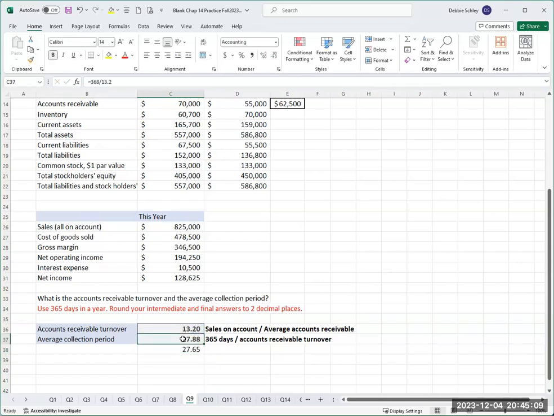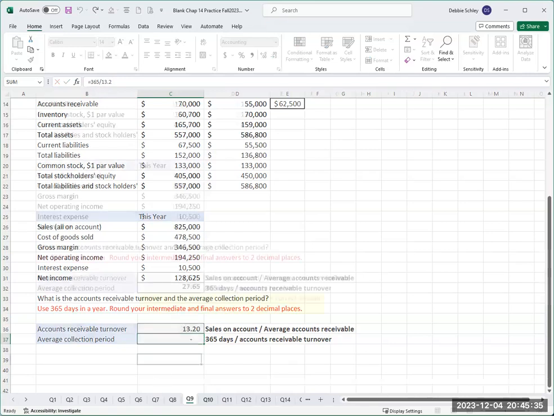Yep, I must have done a typo. Oh, hey, look at that. I did. Okay. See that? Whoops. See this right here? That is a typo. That is an 8. That is definitely not a 5. Don't do that or you'll get the wrong answer. Okay, so 365 divided by accounts receivable turnover.